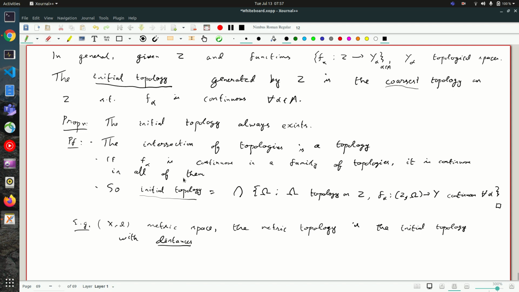So here we have distance from a point p, d(p, ·), maybe a dot is better notation. For any fixed p, we have the distance from p. All these are continuous functions as we have seen, and we take the initial topology so that all these are continuous. The coarsest one, we get indeed the metric topology.